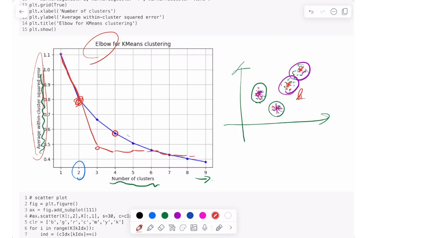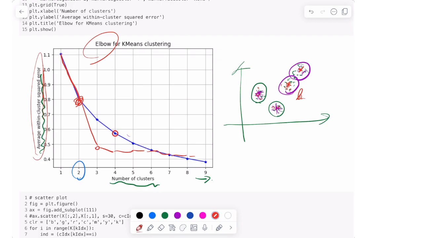You simply try different K values and observe the average within-cluster distance, and you can see that with larger K, this value drops.